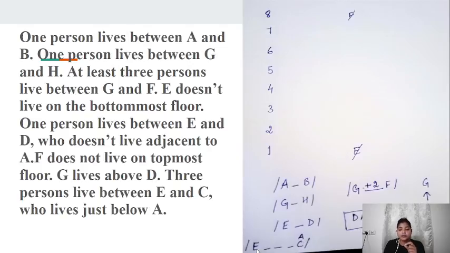E dash dash dash C, and A actually comes here, but I have not written A here because E and C are interchangeable. You can either write A C dash dash dash E, or you can write E dash dash dash A C. To specify that you can write in both ways, I have not written A here. Right, so this is the condition.